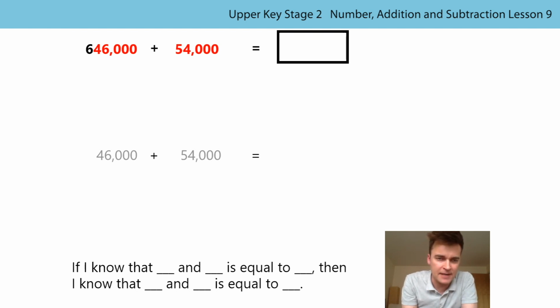If I know that 46 ones and 54 ones is equal to 100 ones, or 100, then I know that 46 thousands plus 54 thousands is equal to 100 thousands, or 100,000. So this time it was number bonds to 100 that really helped me, because I recalled 46 plus 54.